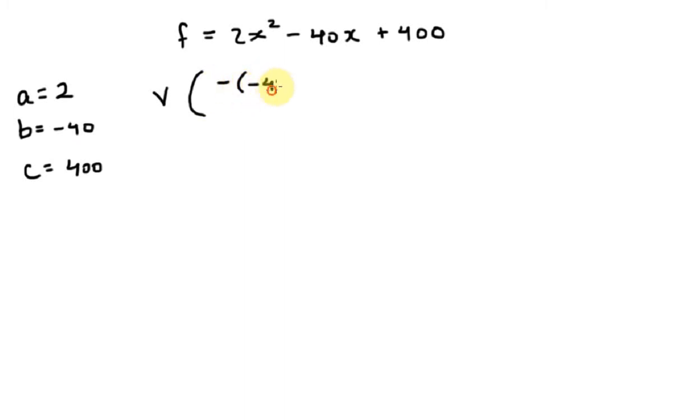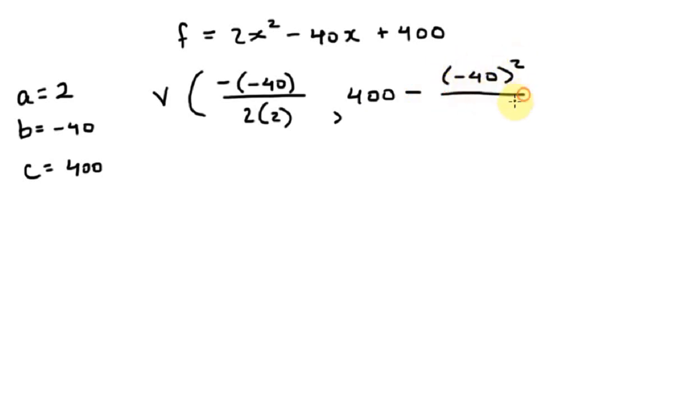Now, b is a negative number, so I always like to rewrite it with brackets so I can see what's going on. And then on the bottom, I have 2 times a. Then we have c, which is 400, minus b squared, so negative 40 squared, all over 4 times a.